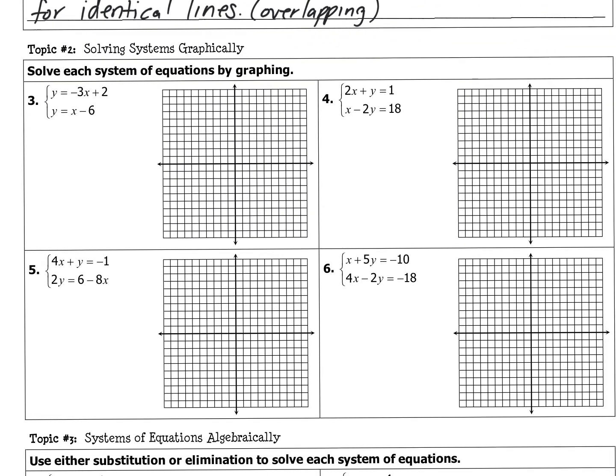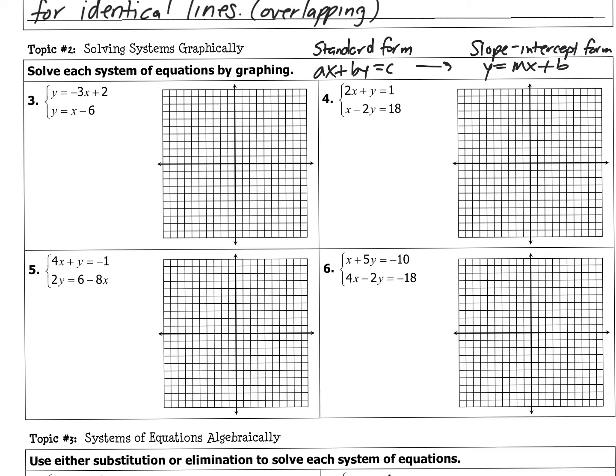All right. Now, in some of these, and I know in number 3, not so much, but in number 4, we're going to have to convert from standard form, which is ax plus by equals c, to slope intercept, which is y equals mx plus b.